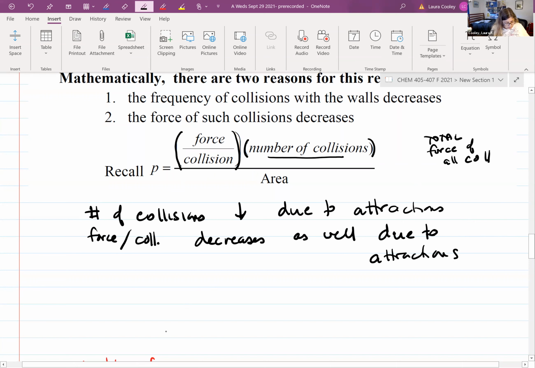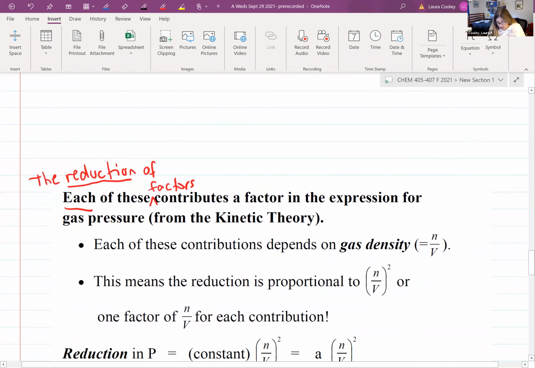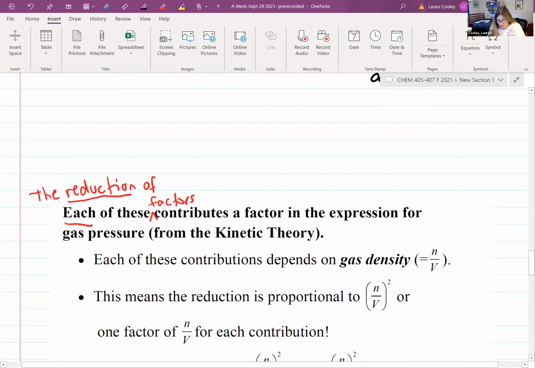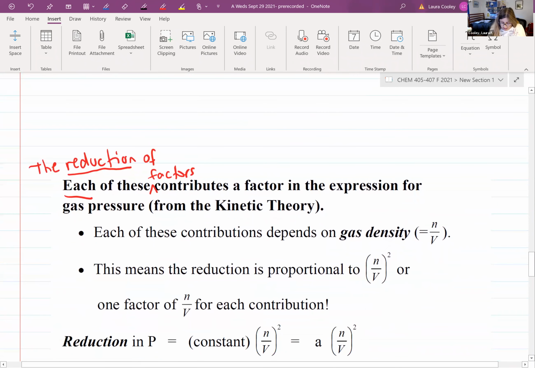Okay. So what we want to do is come up with some sort of expression for what that pressure reduction, what that force reduction, would be proportional to. And if you think about it, what's important here is to consider how many molecules.